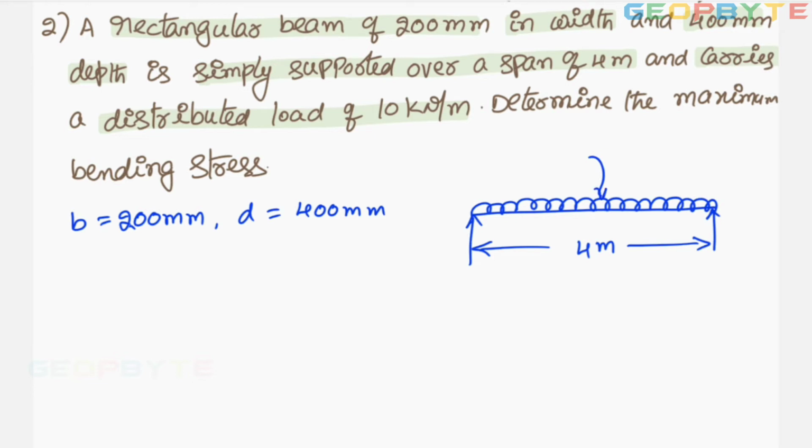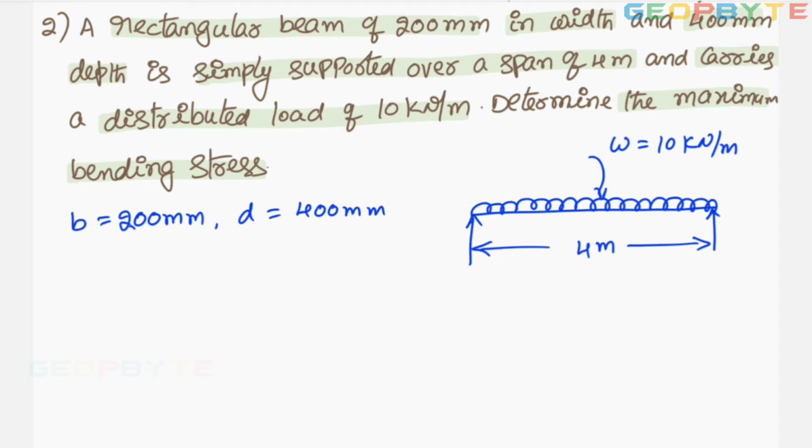Uniformly distributed load W equals 10 kilonewton per meter. Determine the maximum bending stress. You are asked to find the maximum bending stress.